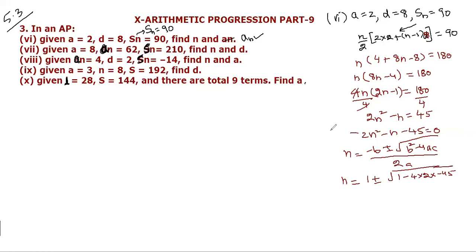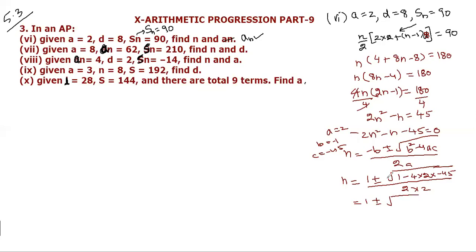Here a is equal to 2, b is equal to minus 1 and c is equal to minus 45, divided by 2 into a. a is 2. So we get 1 plus minus under root. I will write directly on multiplying it.